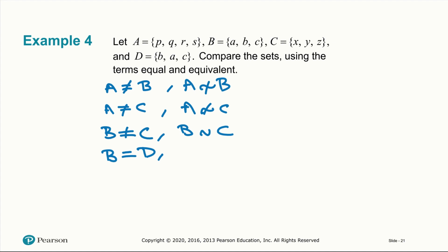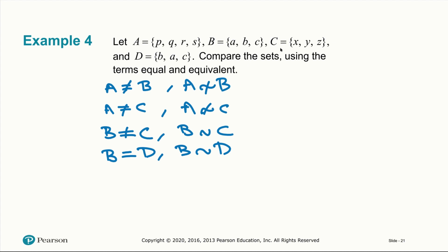Not really, right? Because we know that if they're equal, they're obviously also equivalent. So B and D are both equal and equivalent, right?